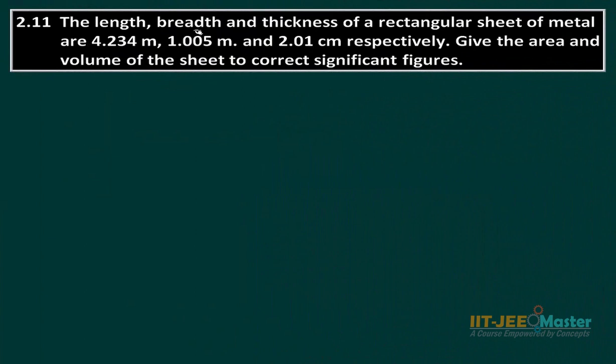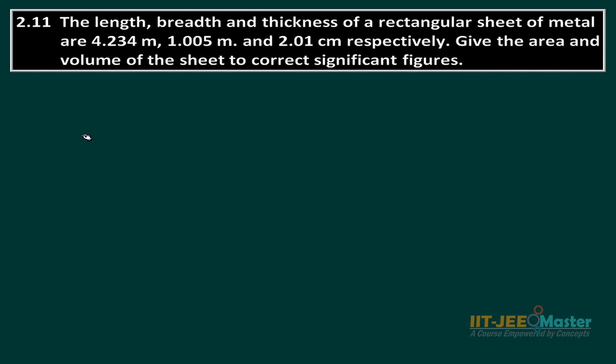The length, breadth and thickness of a rectangular sheet of metal are 4.234 meter, 1.005 meter and 2.01 centimeter respectively. Give the area and the volume of the sheet to correct significant figures.